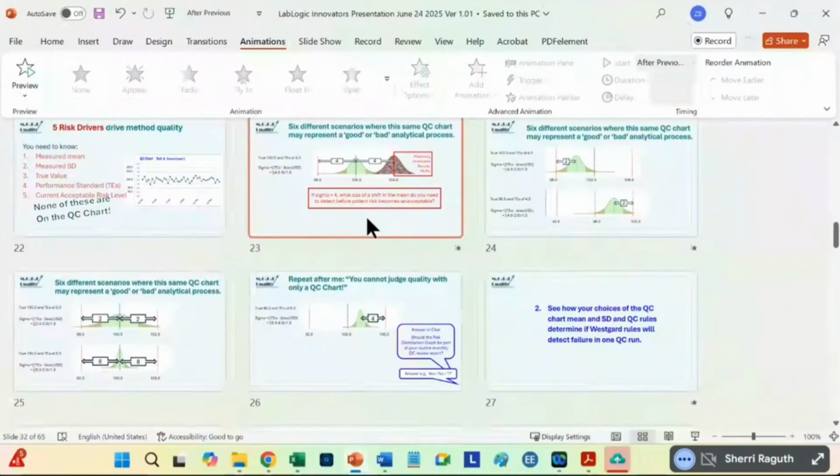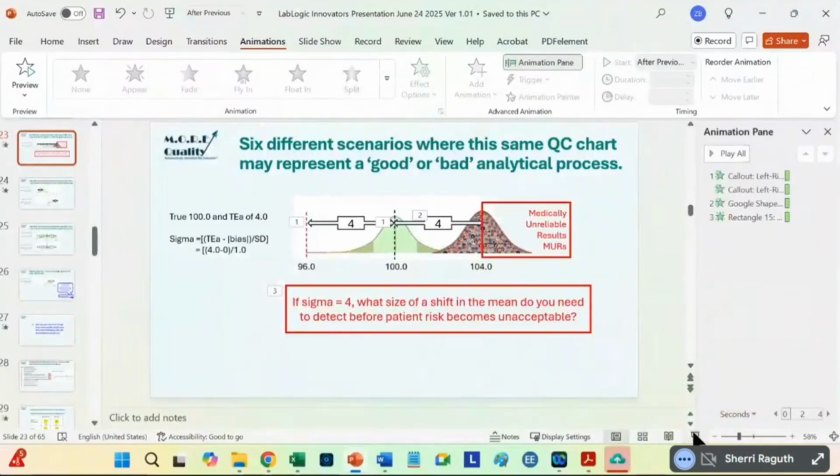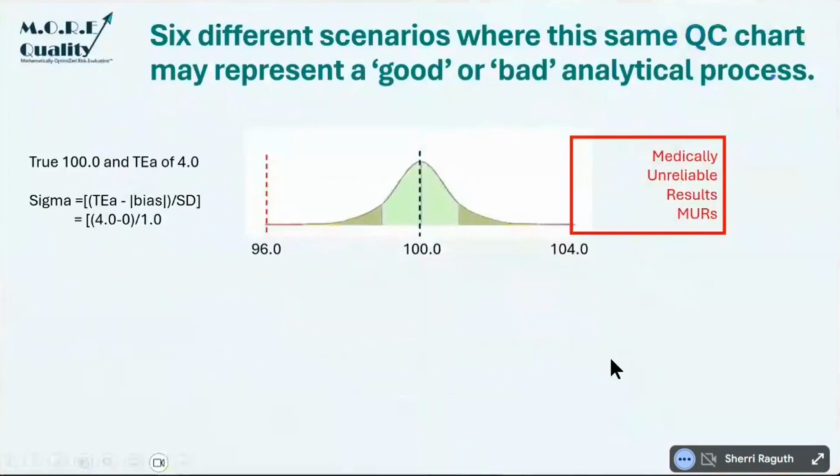If you're looking at this chart, the sigma value is the number of standard deviations between the 100 and the 104 or the 96. So sigma is the number of standard deviations between the measured mean and the closest allowable error limit. The SDI on the QC chart tells you how far each individual point is from the measured mean.